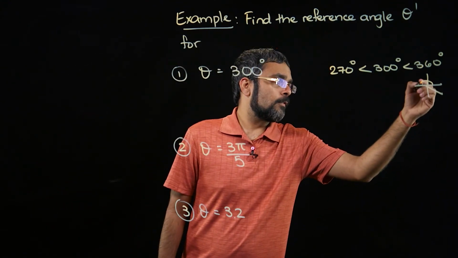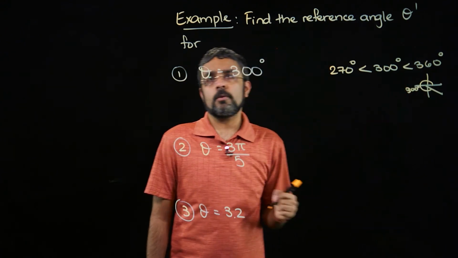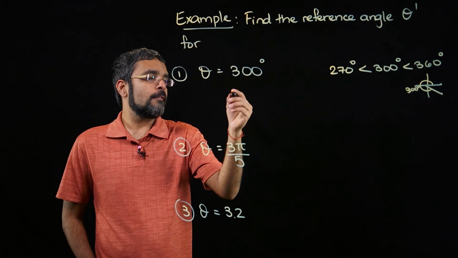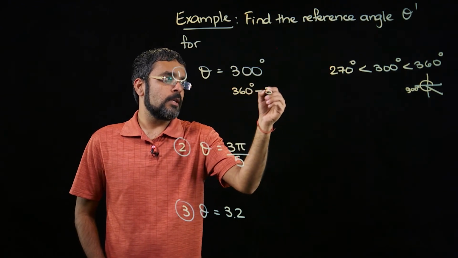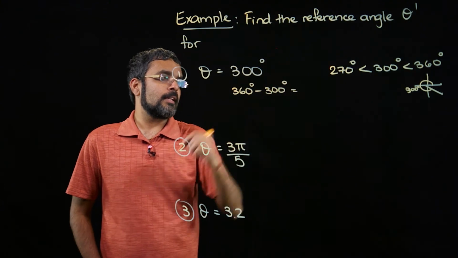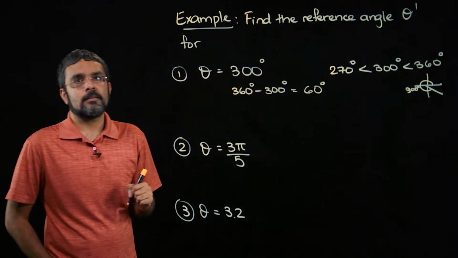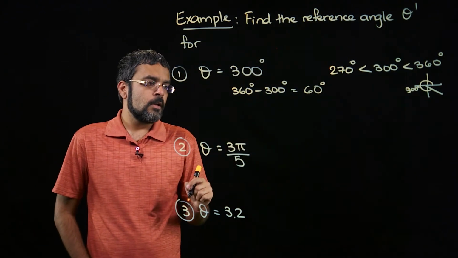This is my value of theta, that is 300 degrees. So that's going to be in the fourth quadrant, which means to get my reference angle, I have to do 360 degrees minus 300 degrees, and that gives me 60 degrees.